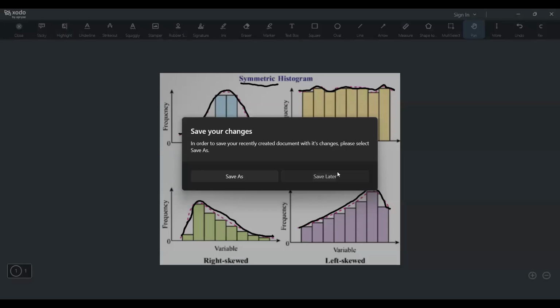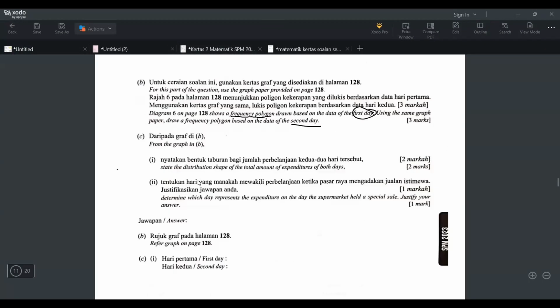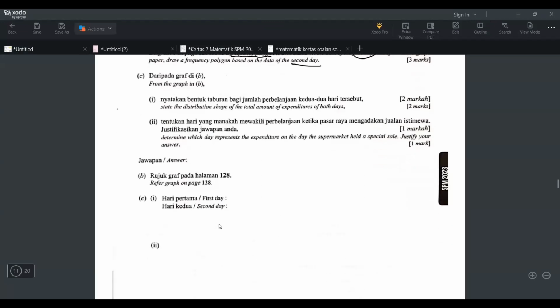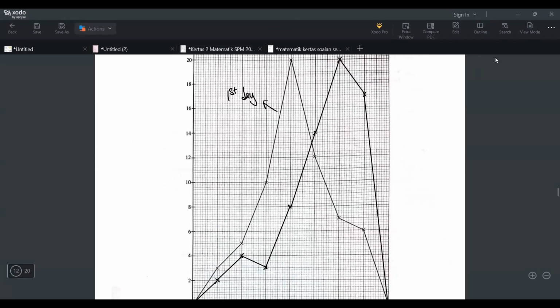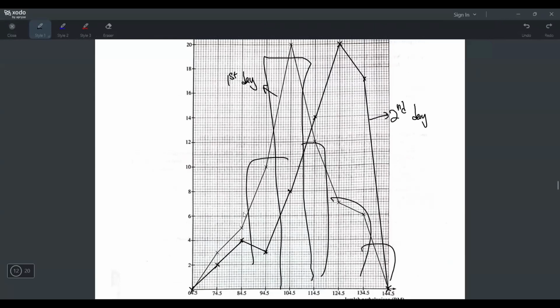So now we can go back to the question, and we can check what shape is the first day, right? First day is this one, right? Second day is this one. So you can see that the first day is zero here, and then rises a bit, rises again, and here is the highest, and then slowly goes down. The highest is near here, and then it goes down on both sides.